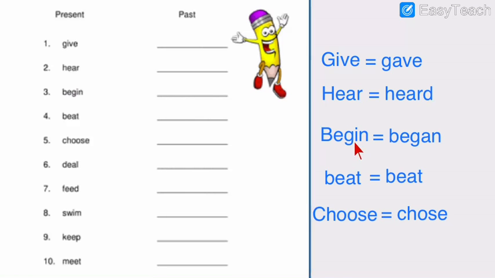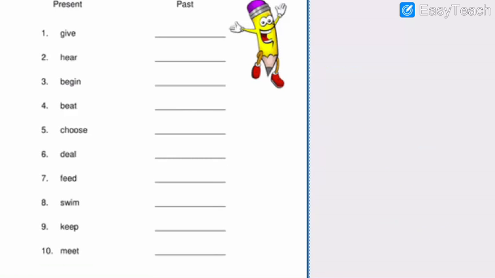Again, begin, began. Number 4, beat, bet. Again, beat, bet. Number 5, choose, chose. Again, choose, chose. So my dear students, we have solved 5 words.